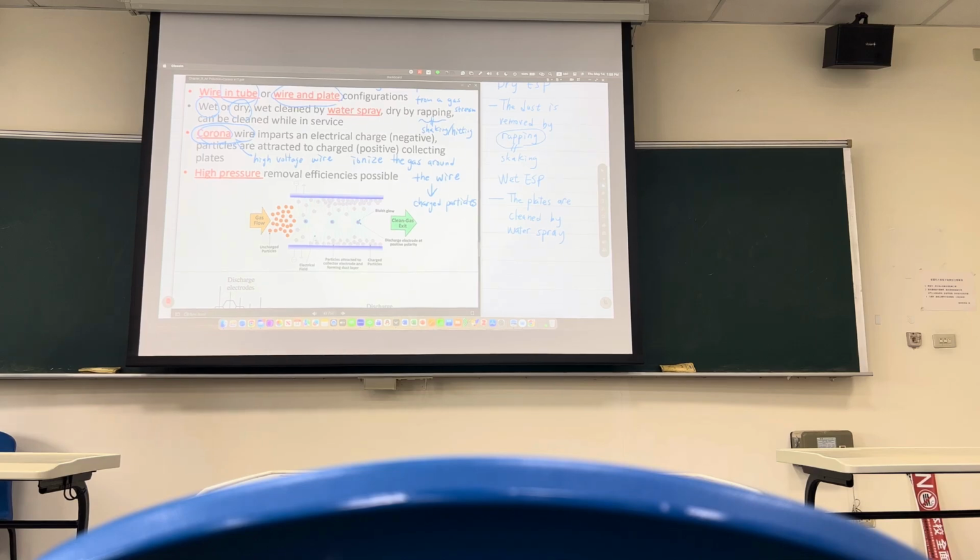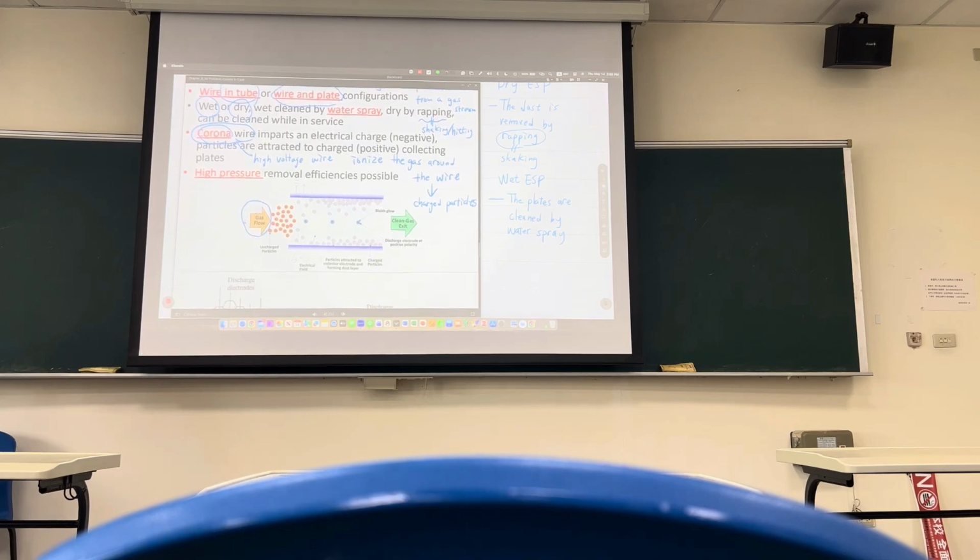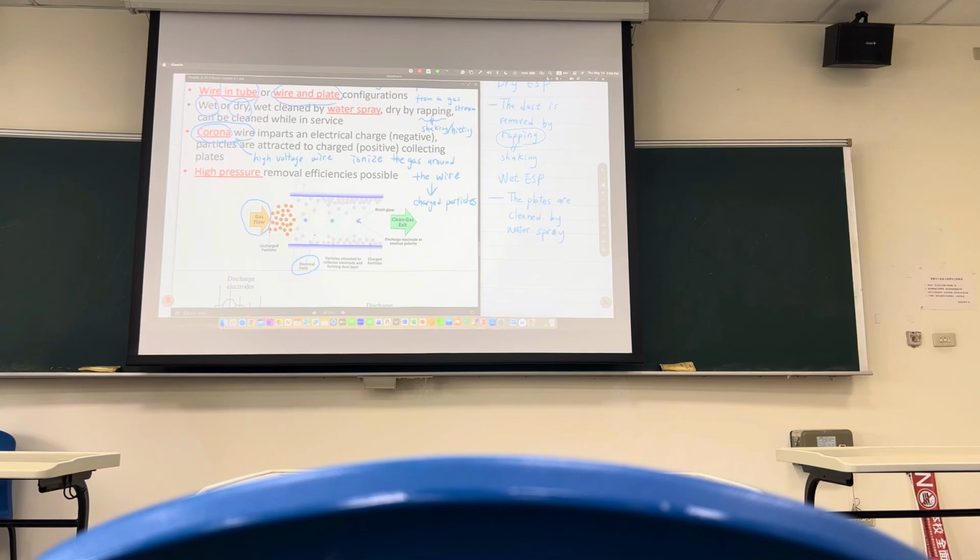So let's see these figures. Student, let's review. So the gas flow, right? And these are uncharged particles. We apply the electric field here. This electric field tries to ionize the gas around the corona wire, and that gas becomes charged particles.